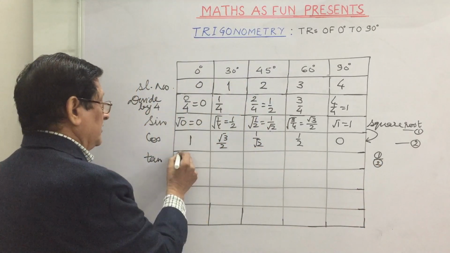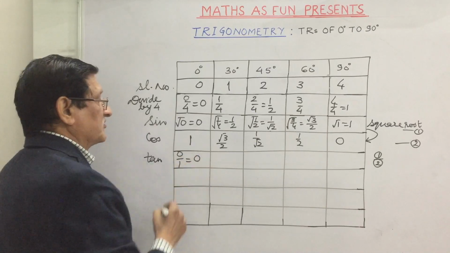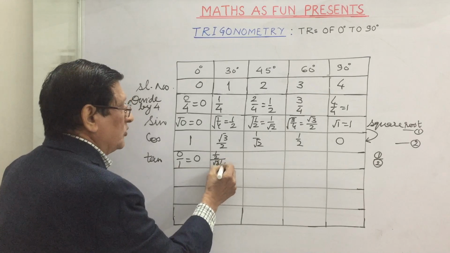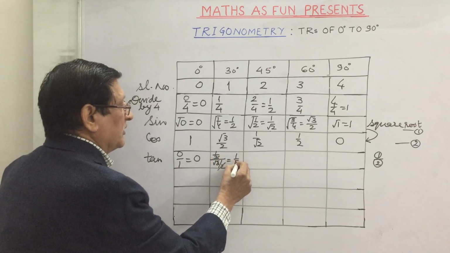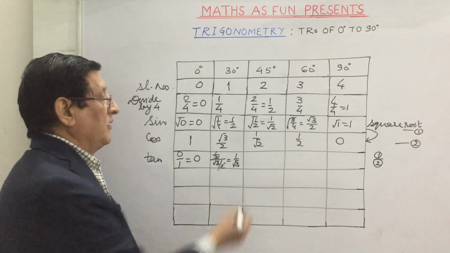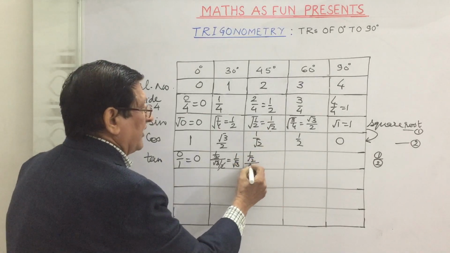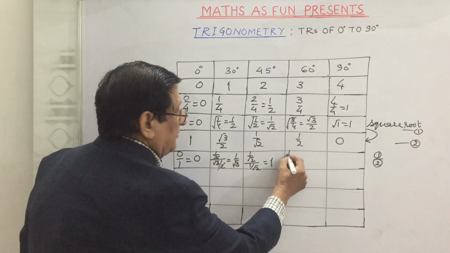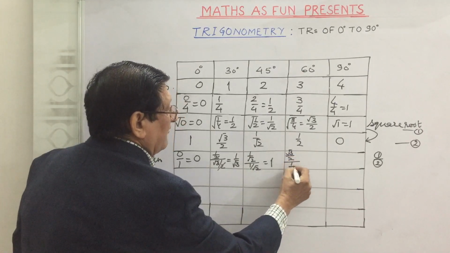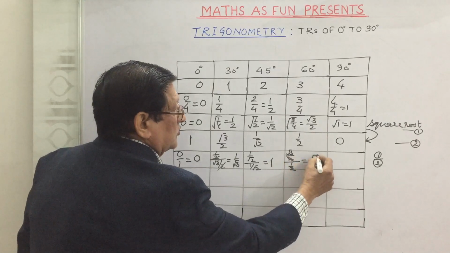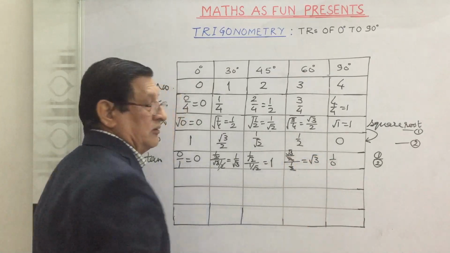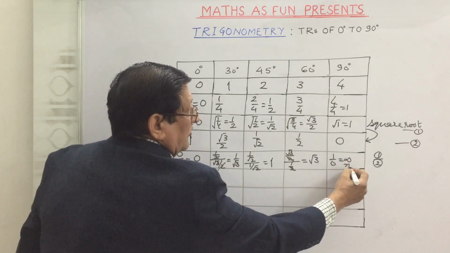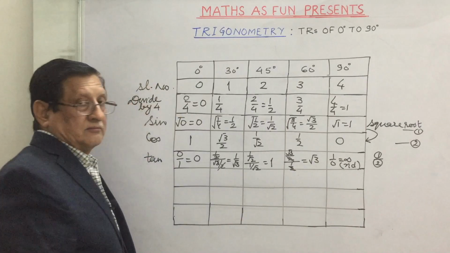If we divide, 0 divided by 1 gives 0. 1 by 2 divided by root 3 by 2, 2 and 2 cancel, this is 1 upon root 3. 1 upon root 2 divided by 1 upon root 2 gives 1. Root 3 by 2 divided by 1 by 2 gives you root 3, and 1 divided by 0 is infinity, or we say not defined.